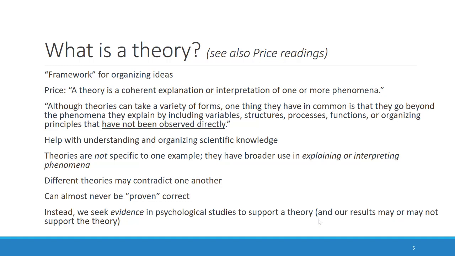So a theory is not about explaining one person, one situation, one group of people. A theory is a broader framework that can be applied to understanding a variety of different situations, people, populations, things like that. In that way, like I said, theories help with us understanding and organizing the scientific knowledge in psychology.